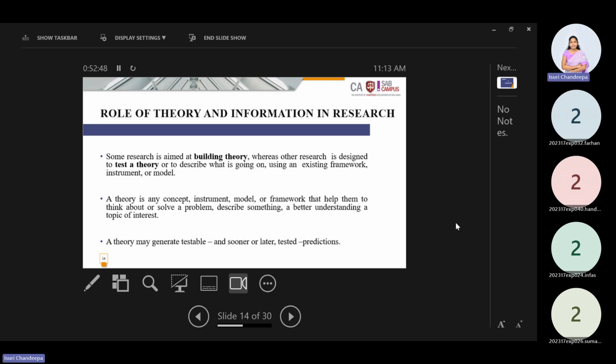It may be a respective concept, or else it may be an instrument, model, or framework that helps to think about solving a problem, or describes something, which we identify as a theory. Theory is a very important part of research.